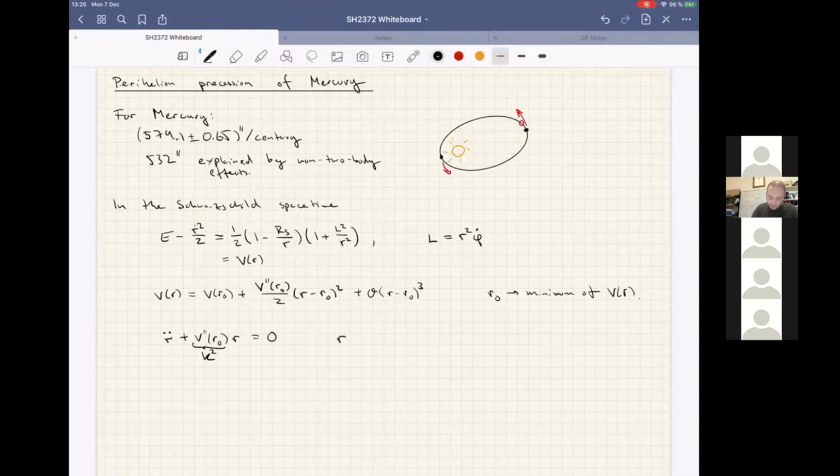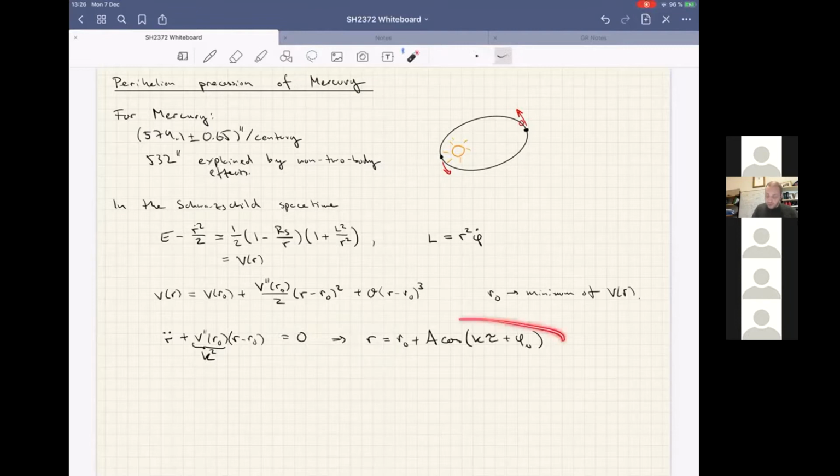This would mean that r minus r0, so I've forgotten r0, would be r0 plus something that is a cosine of k tau plus some phi 0, some constant there.